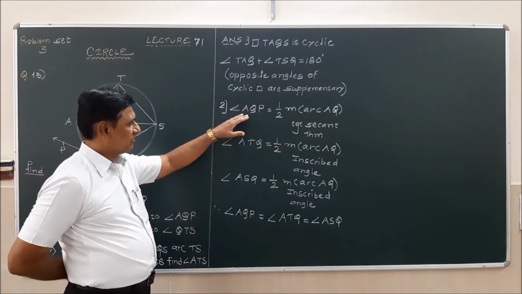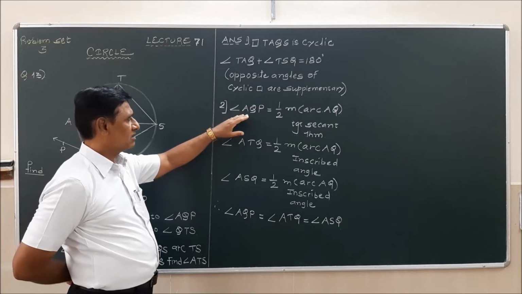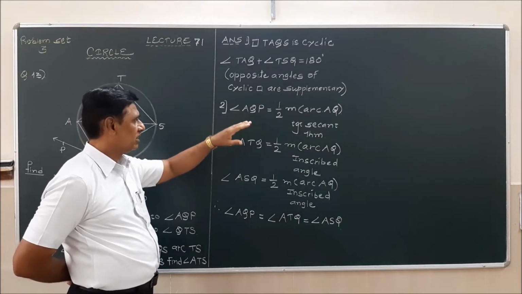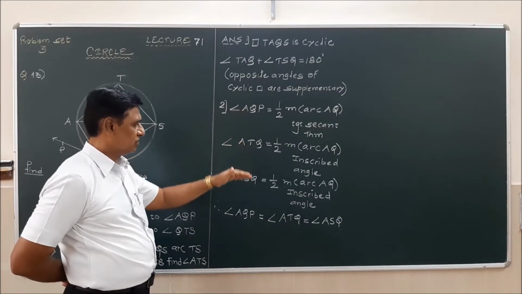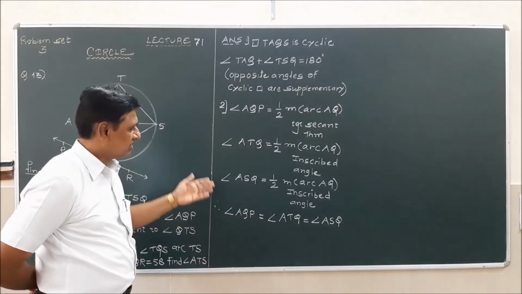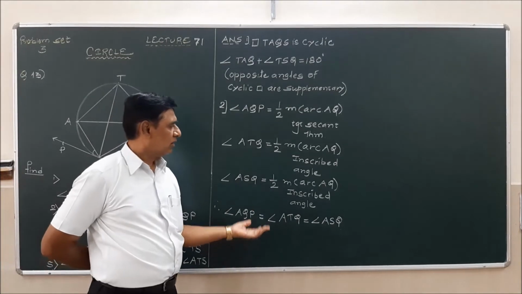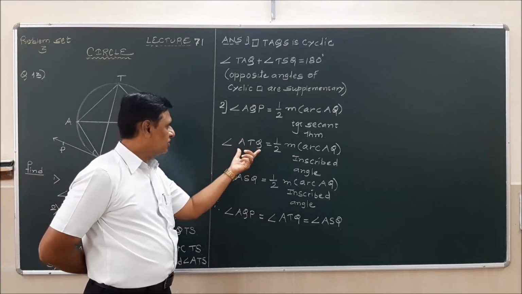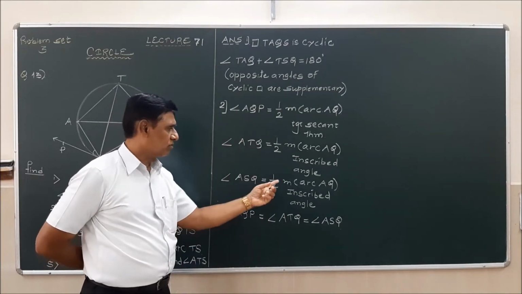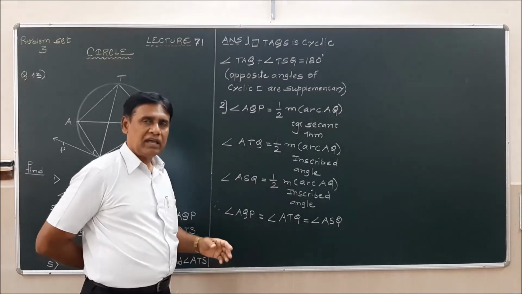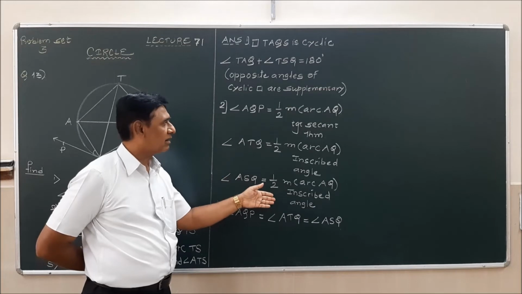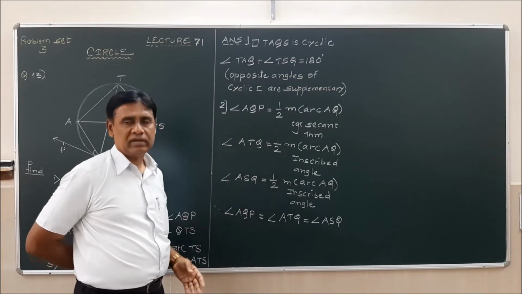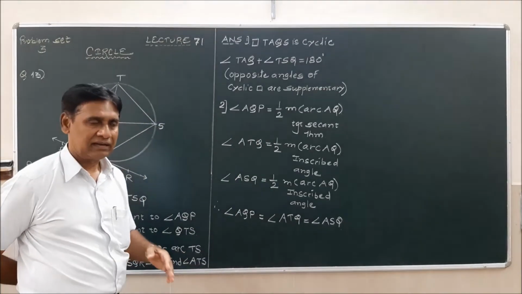Question asked is find out the angles congruent with angle AQP. So we got angle AQP, angle ATQ and angle ASQ. All these three angles are congruent because measure of each one of them is equal to half measure arc AQ, intercepted arc. For these two angles, reason is inscribed angle, but for this AQP, reason is tangent secant angle.